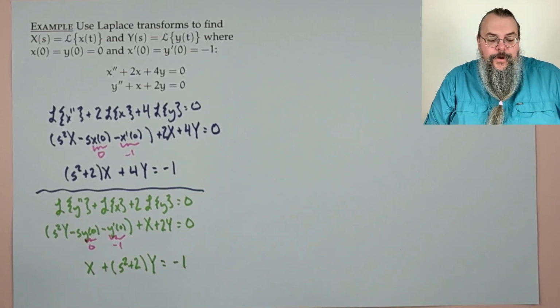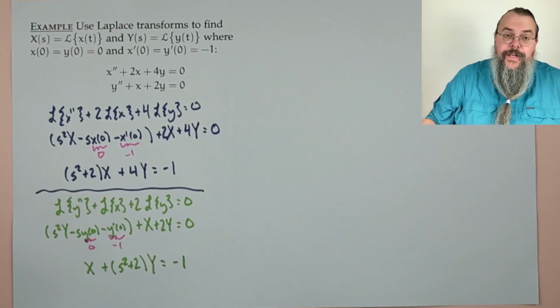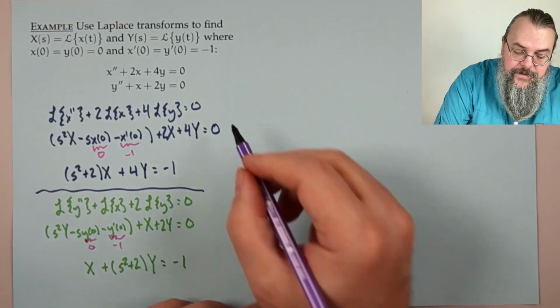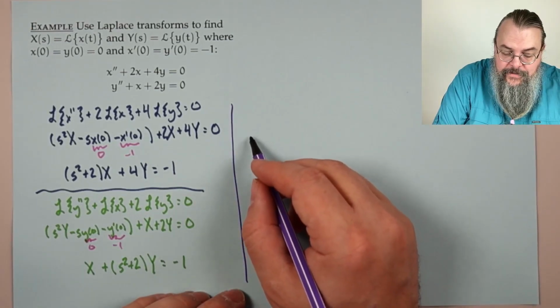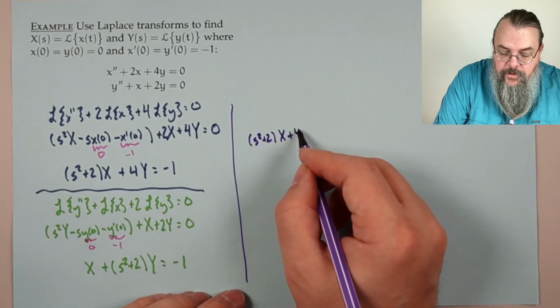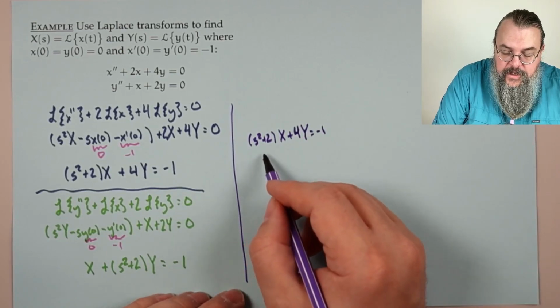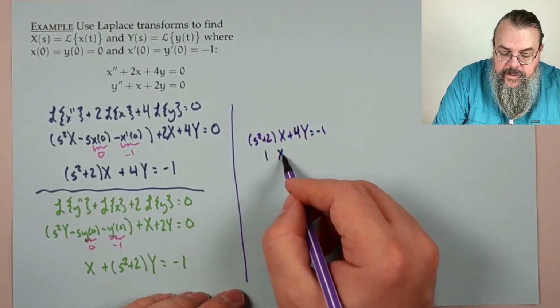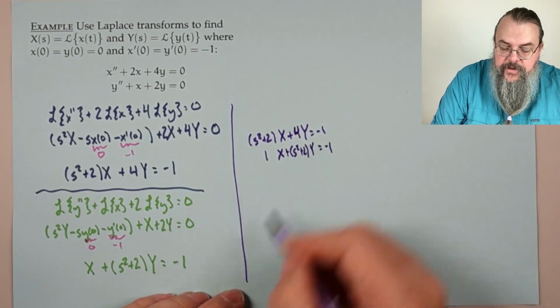All right, well, great. So we now get the following. We really have a system of two equations. We have our s squared plus 2 capital X plus 4y equals minus 1, and our 1 times capital X plus s squared plus 2 capital Y equals minus 1.